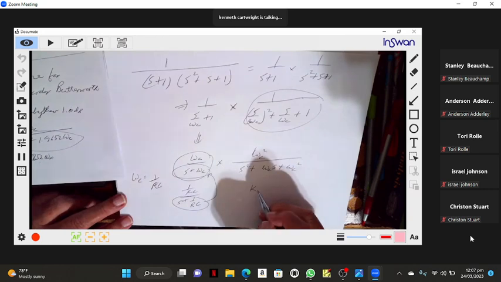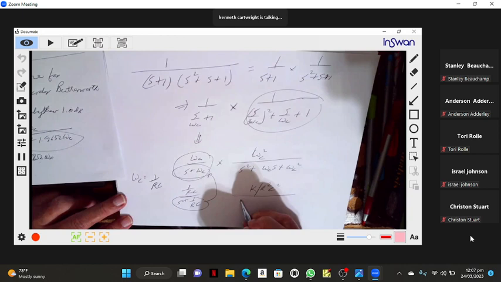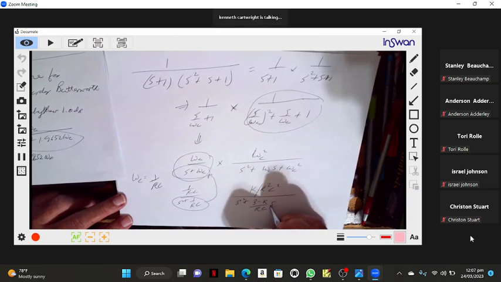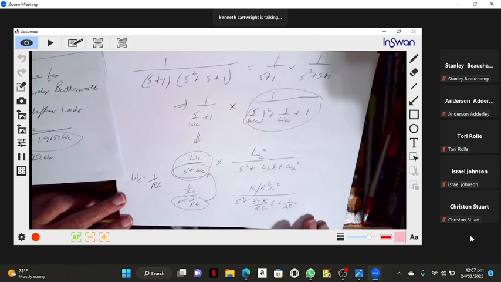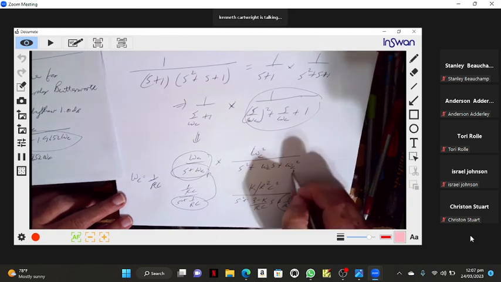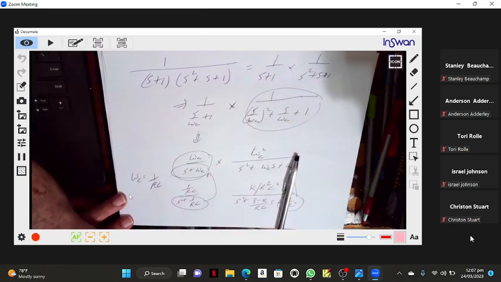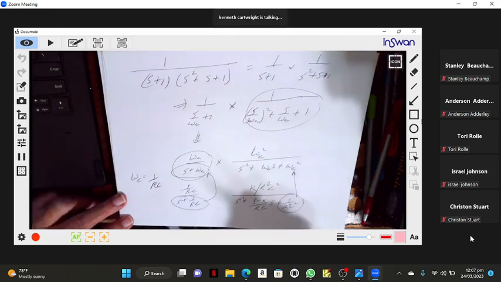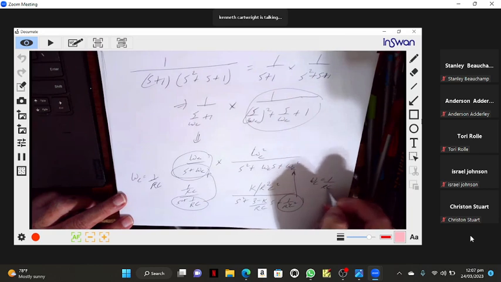But also this must be true: K over R squared C squared, over S squared plus 3 minus K over RC S plus 1 over R squared C squared. This must be this. And because of that, omega C is 1 over RC.